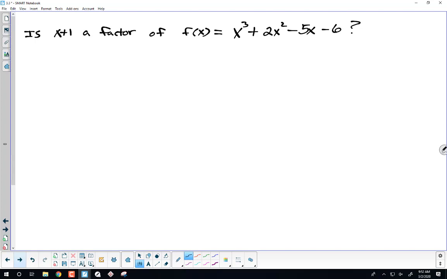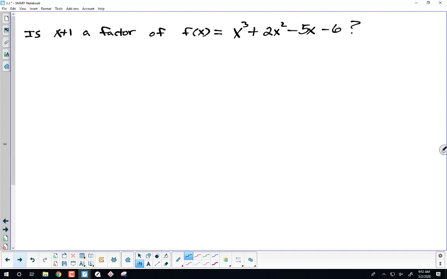And we want to know, is x plus 1 a factor of the following function? If it's asking if it's a factor, it's just asking if you can come up with an answer, not a 0. They're one and the same. Remember, we looked at an almost identical question in 3.2 just a minute ago.